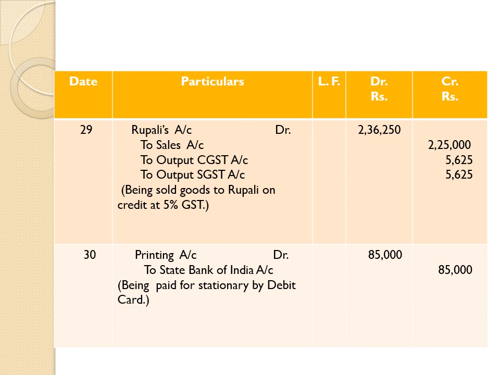Then amount of central GST called output CGST 5,625, to output SGST 5,625, being sold goods to Rupali on credit at 5% GST.